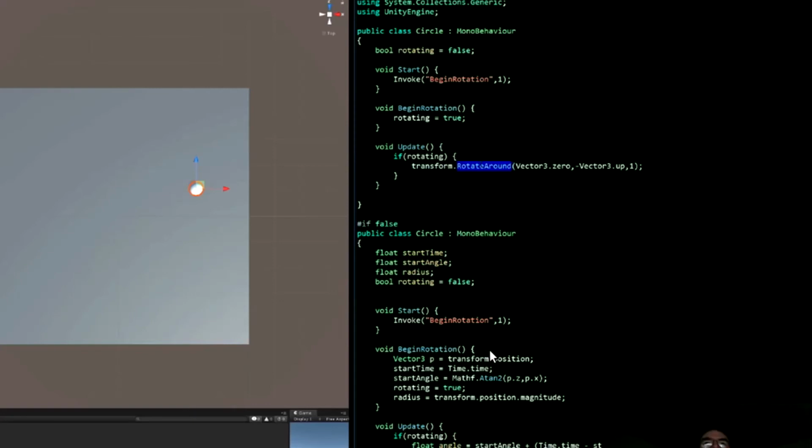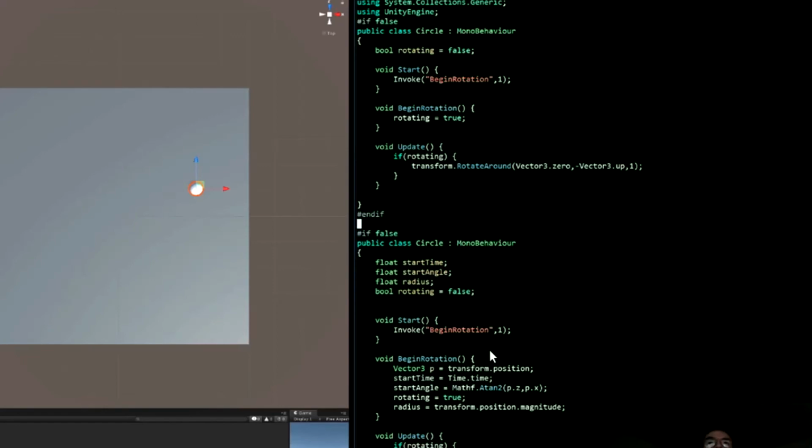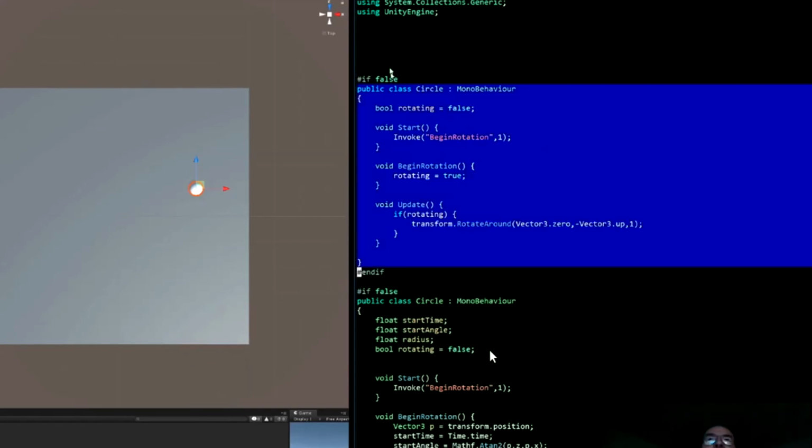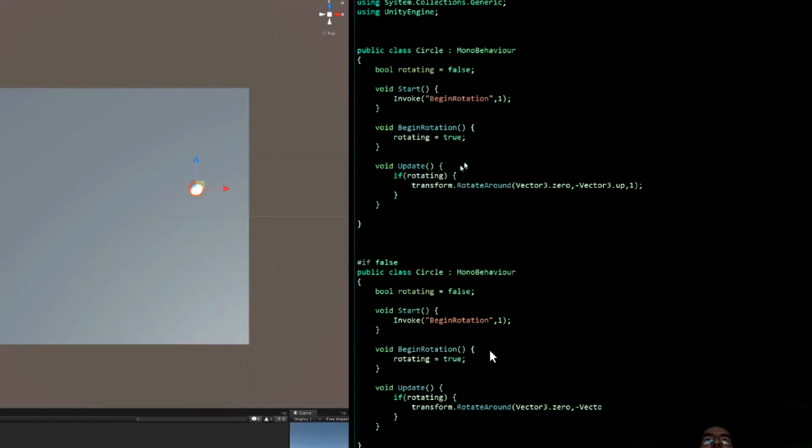So if I wanted to make it stateless, then I wouldn't be able to use the rotate around. I would need to calculate a rotation and apply it. I'm going to try and do that. That will be in another method here, because this is also, I think, valuable.